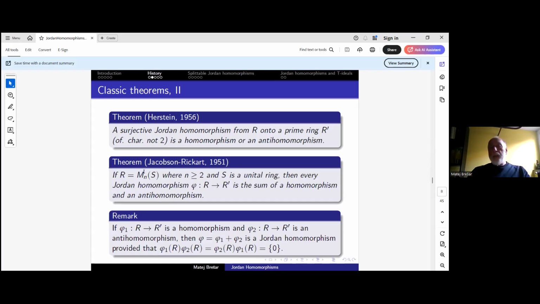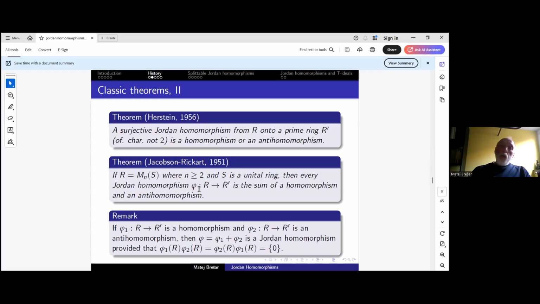Now, the next result, which is due to Jacobson and Rickart from 1951, is of a different type. Herstein's result, a quite well-known famous theorem, imposes the condition on the second ring, R prime, but here Jacobson and Rickart impose the condition only on the first ring R, assuming that this ring is a ring of n by n matrices over any unitary ring, commutative or non-commutative, it doesn't matter.